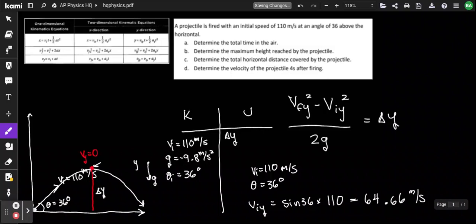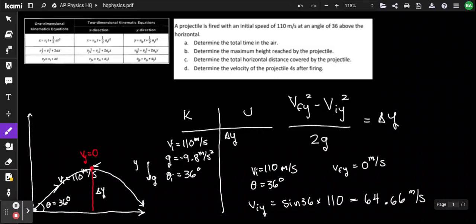So that's our initial y component of velocity, and the final y component of velocity is going to be 0 meters per second, because at the peak height of our projectile, our y component of velocity is 0.